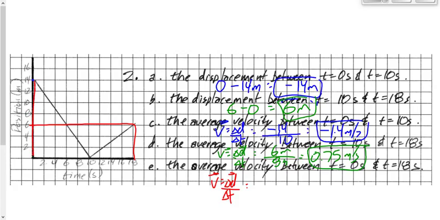The initial position is 14. The change in position, or the displacement, is 6 minus 14 divided by my time interval of 18 seconds. We're going to say that's -8 divided by 18, which is the same as -4 divided by 9, which is the same as -0.44 meters per second.